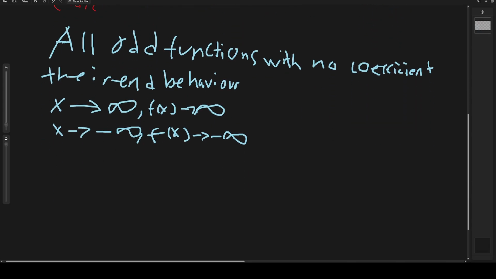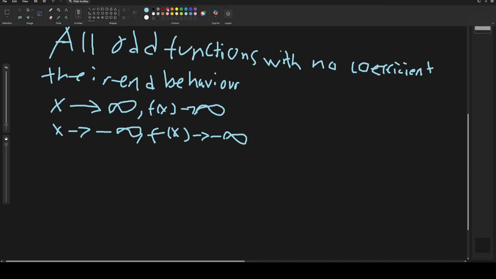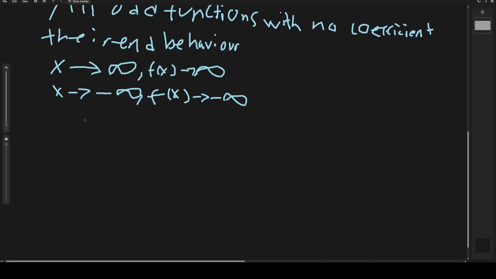And even functions, they're usually going to look like this, again with no coefficient. Oh yeah, and also no negative sign.